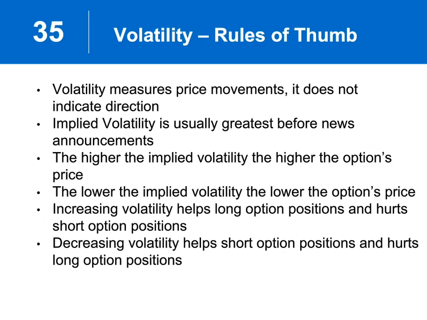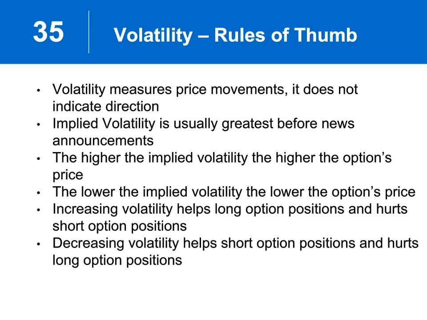Rules of thumb here: volatility measures price movements. It does not indicate direction. That's important. Volatility is about movement, not about direction. Obviously, and really it's just common sense, implied volatility is usually greatest before news events. Before the event, the market has uncertainty. The market doesn't like uncertainty, so it pays a higher premium for it.